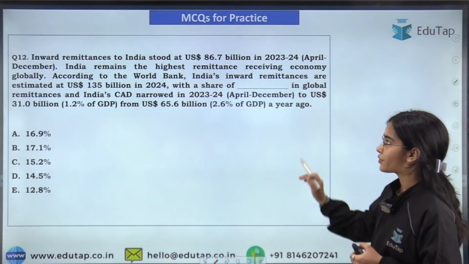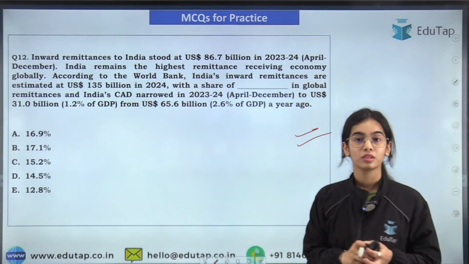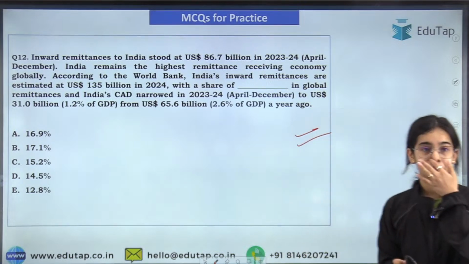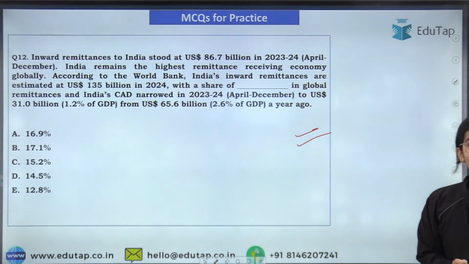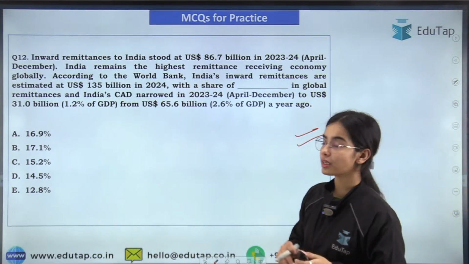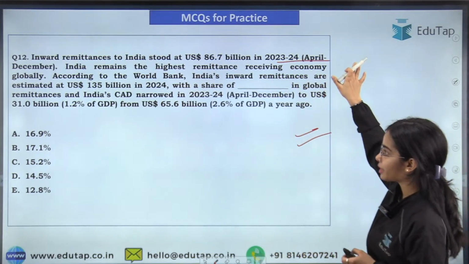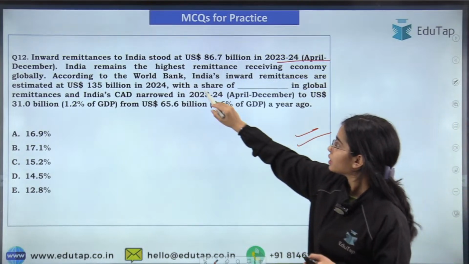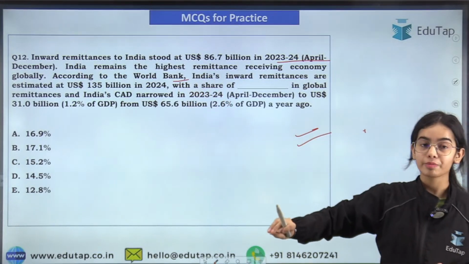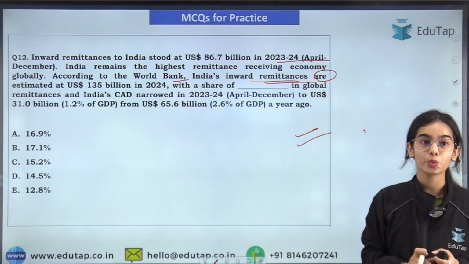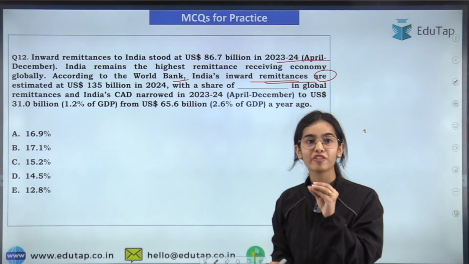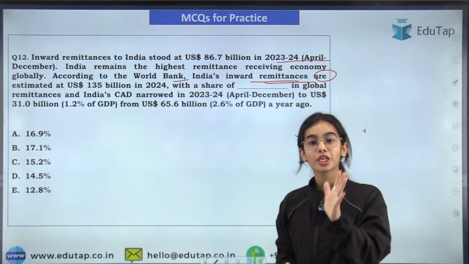So next, try to answer this question. Inward remittances of India stood at this much. You just have to tell me that according to the World Bank, India's inward remittances are estimated at $135 billion in 2024 with a share of what percentage?